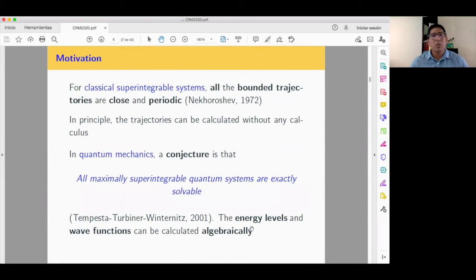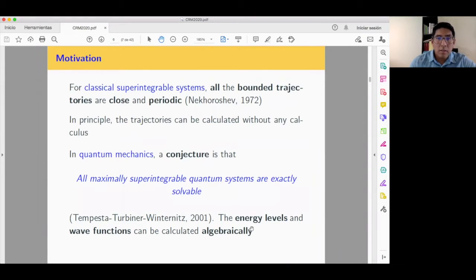So what is the main motivation to consider such systems? Well, in classical mechanics, we know that all bounded trajectories have the remarkable property that they are closed and periodic. This is a theorem. Moreover, in principle, we can find these trajectories without using any calculus.